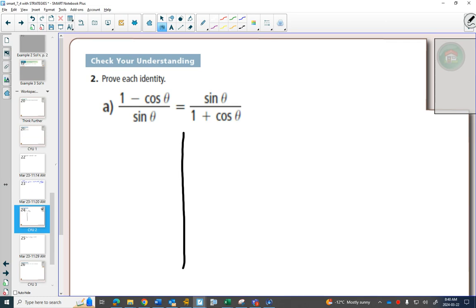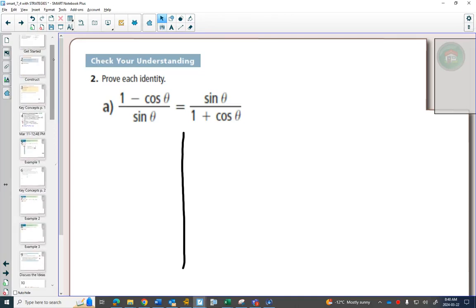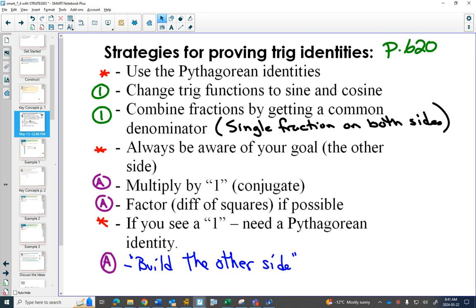This is going to be our first proof that for sure we're going to need to use an advanced strategy. Because if we think back to our basic strategies, if we go back to our strategy list, basic strategies number 1, change to sine and cosine, and have a single fraction on both sides.